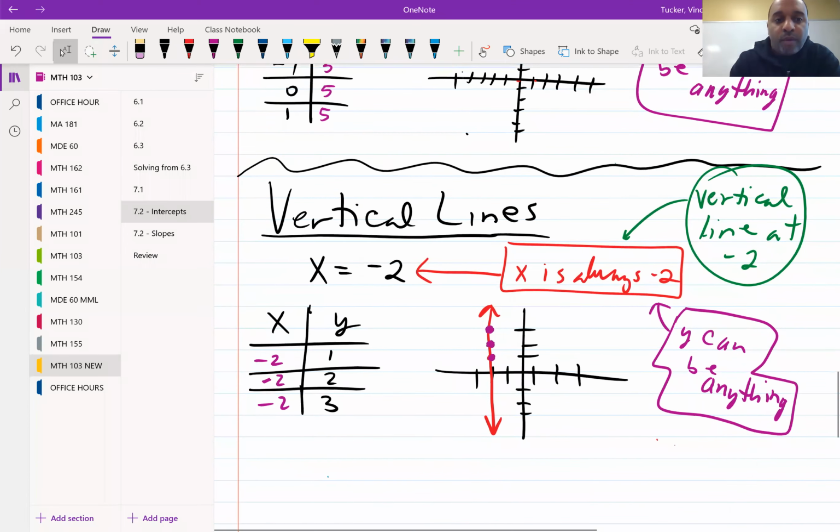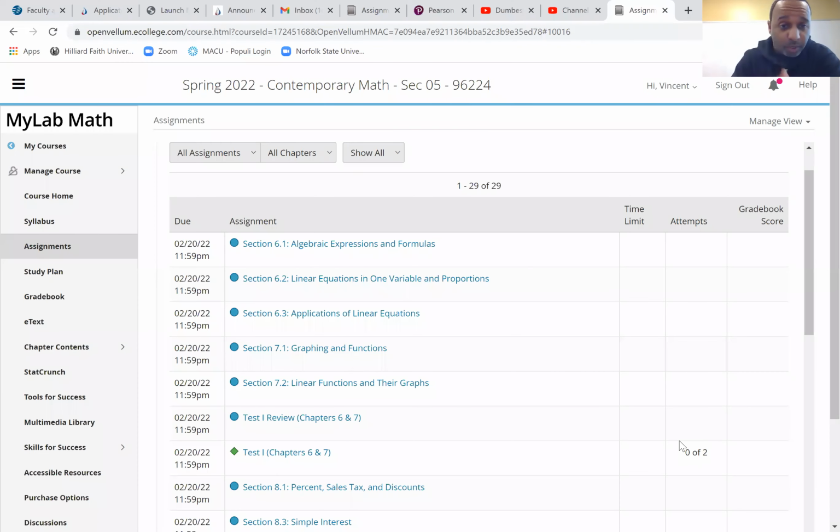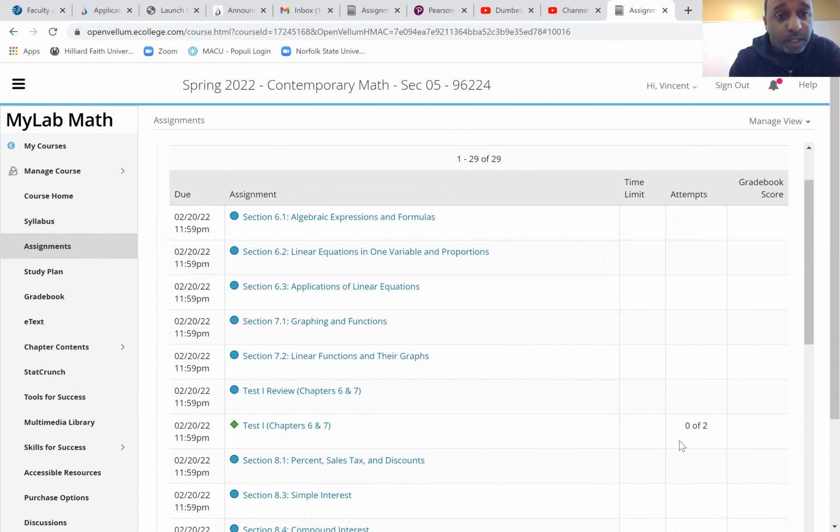Everybody done copying before we move off this page? Okay, cool. So next class, we'll do slopes, and that'll be it for 7.2. Now, let me see, go to this page. Just to make sure we're clear on where we are in the class.